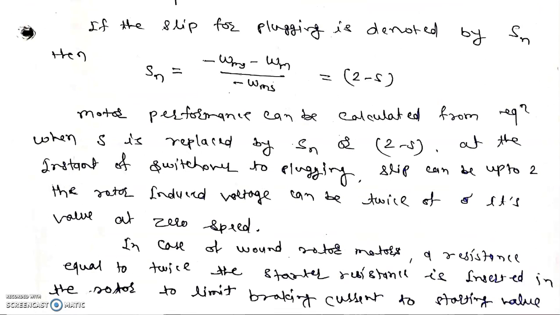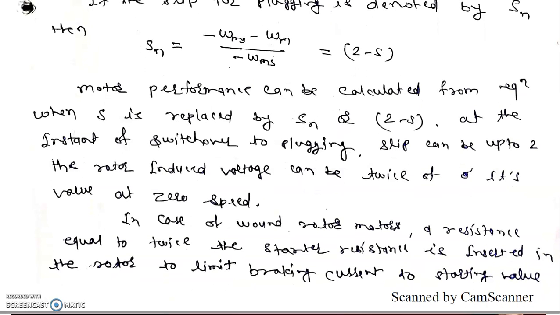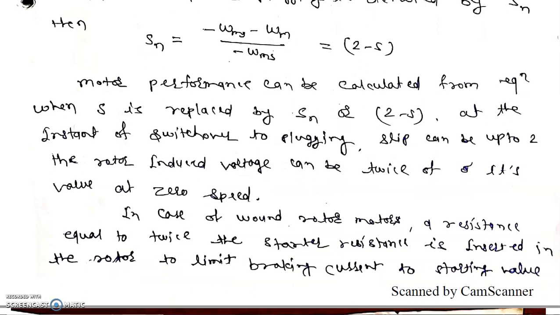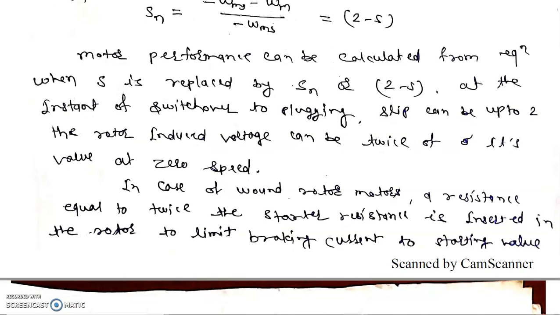As we know, the slip can be up to 2, so the rotor induced voltage can be twice its value at zero speed. So in case of a wound rotor motor, a resistance equal to twice the stator resistance is inserted in the rotor circuit to limit the braking current. So characteristic 2 is the characteristic when we insert a braking resistance.